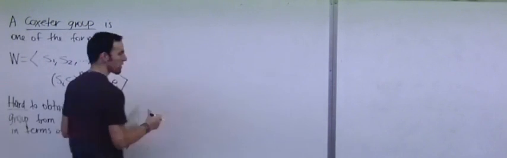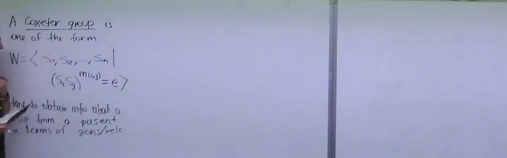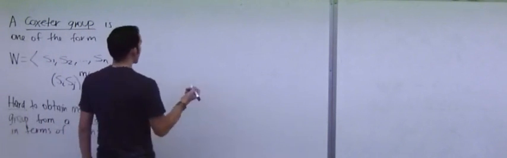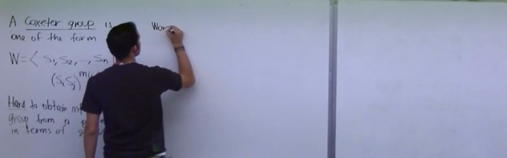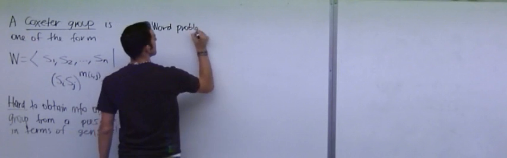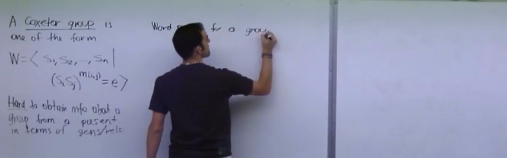You might ask yourself, okay, let's say that I'm given a group, I'm given some generators, I'm given some relations. Then the very natural question is the word problem for a group with a given presentation.